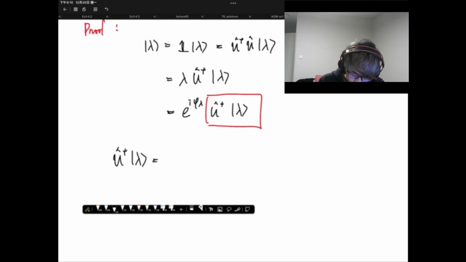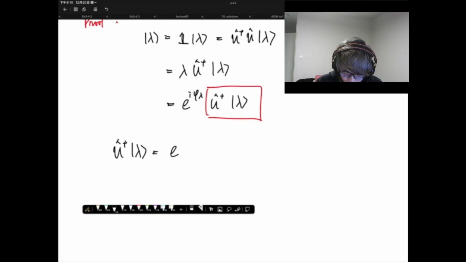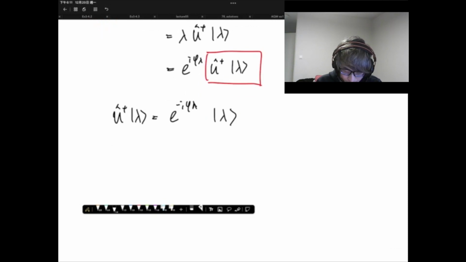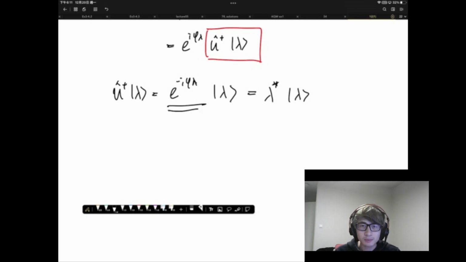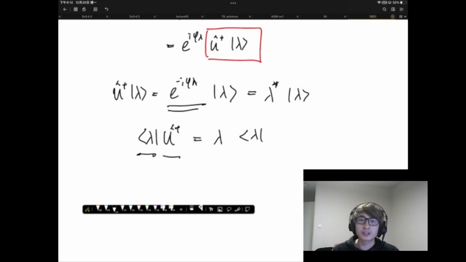And now we have U dagger lambda is equal to e to the negative i psi lambda times lambda. And then I will change it to the bra vector form, bra lambda times U. And this exponential can be expressed as lambda star times the lambda eigenvector. So the bra lambda times U is equal to the eigenvalue lambda times the bra vector lambda.